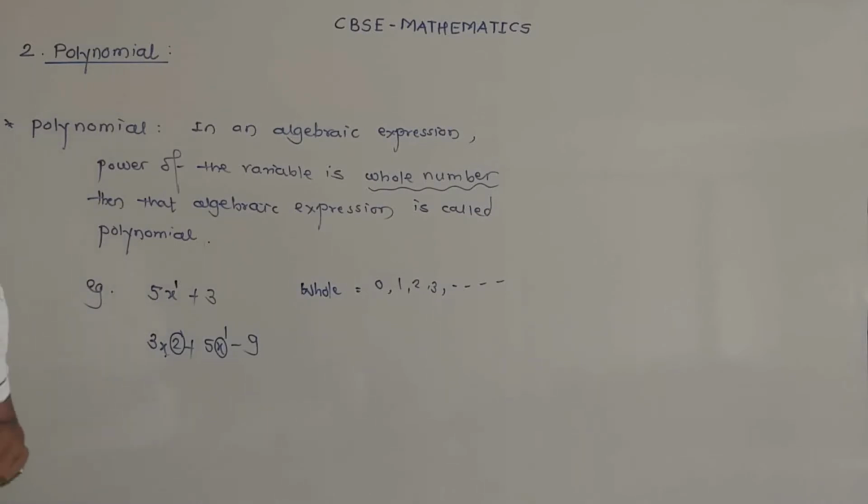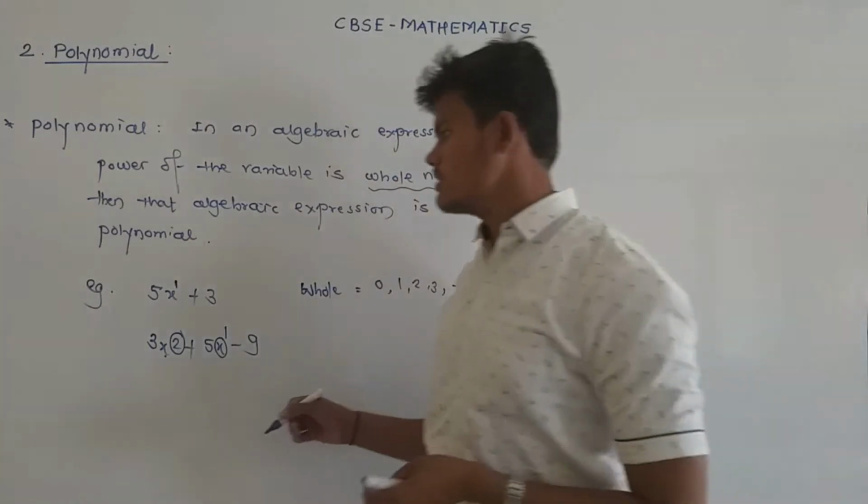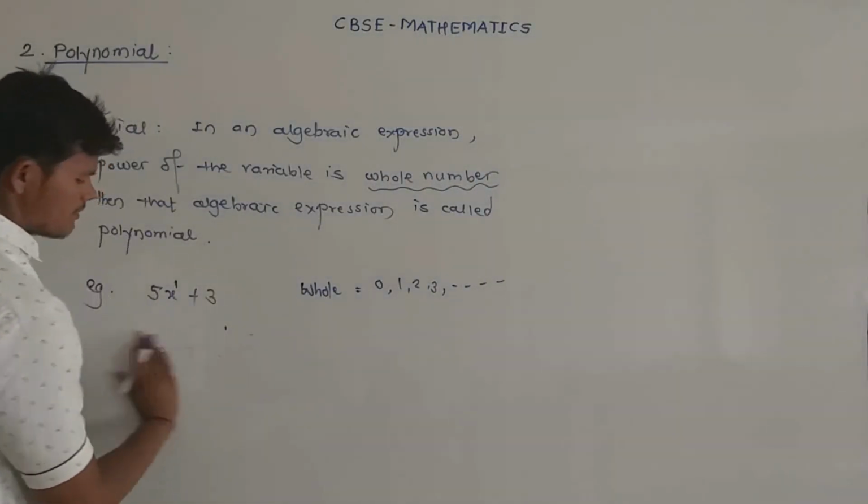Now this polynomial is divided into two types. That means polynomials are classified into two types.